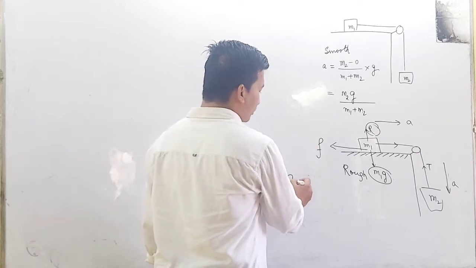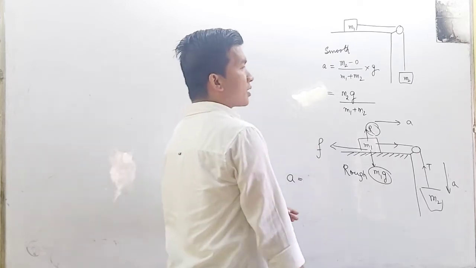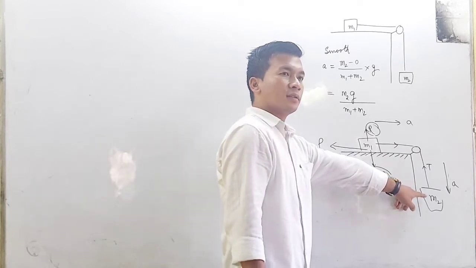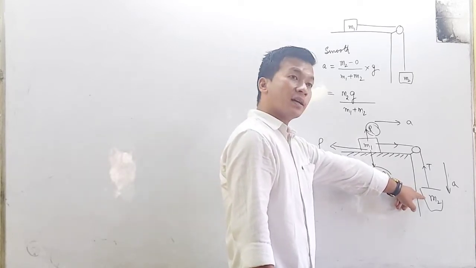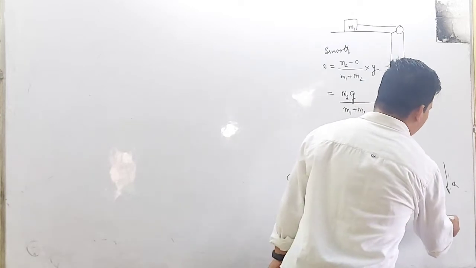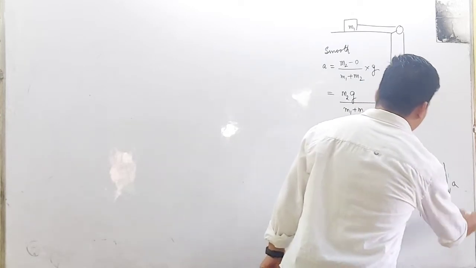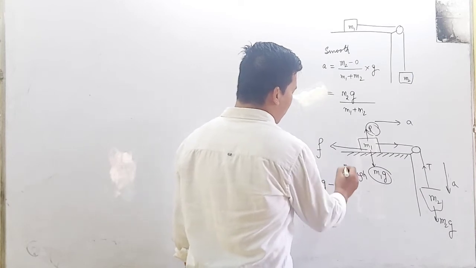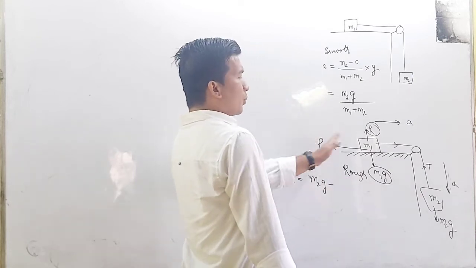Everything, the force that is responsible for the motion, is m2g. This is m2g minus which force will be opposing the motion?